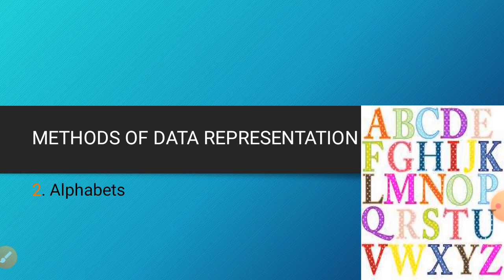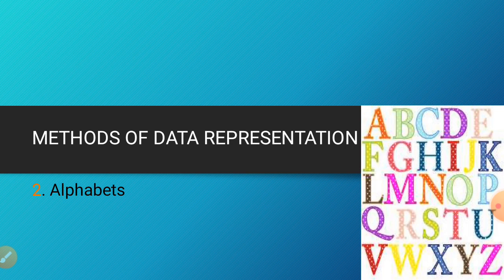We can use these characters to create sensible sentences, words, and so on. For example, if I combine C and A and T, it gives us cat. So, alphabets are another method of representing data.